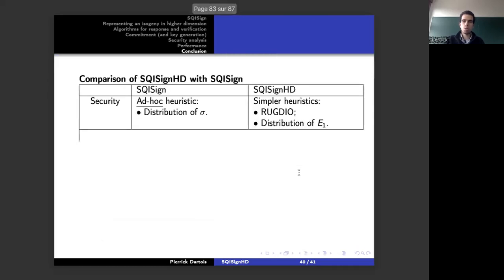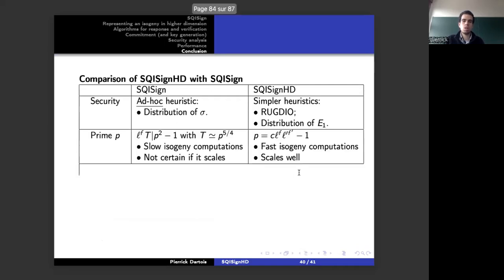So now a few words of conclusion. From a security point of view, we achieved much better heuristics in SQISignHD. The choice of the prime is also simpler because it's SIDH primes basically. Those primes scale very well, whereas in SQISign, the sieving of those primes was very hard, and actually they are still an open question.